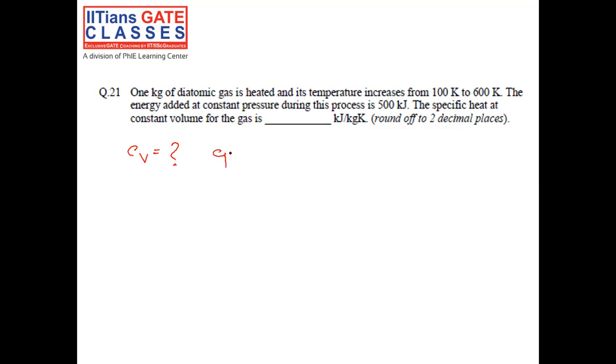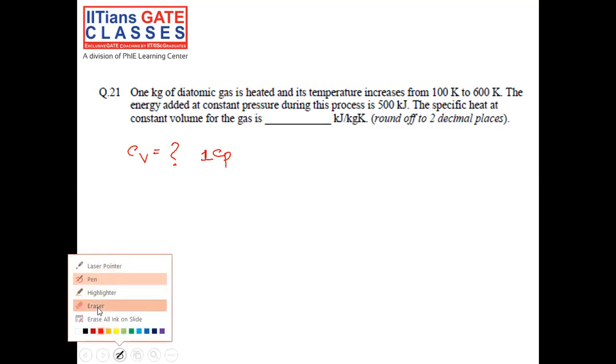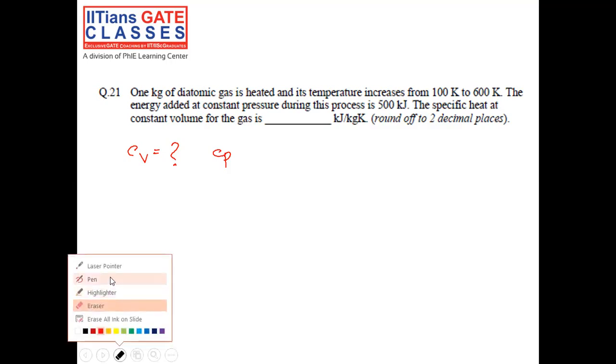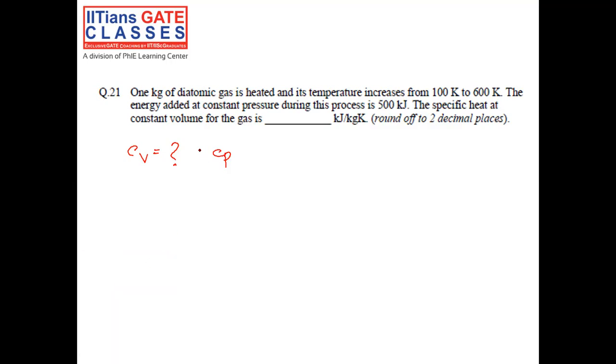So total increase of the energy of the diatomic gas is m Cp into 600 minus 100.